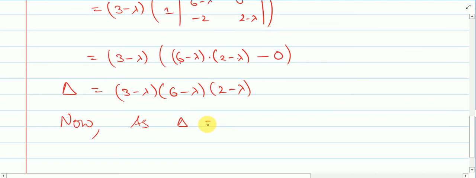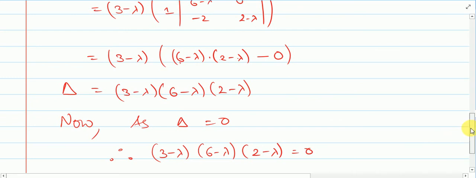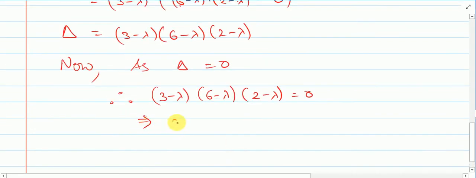Now as delta is equal to 0, therefore 3 minus lambda, 6 minus lambda, 2 minus lambda is equal to 0. This implies that 3 minus lambda is 0, or this one is 0, or this one is 0.